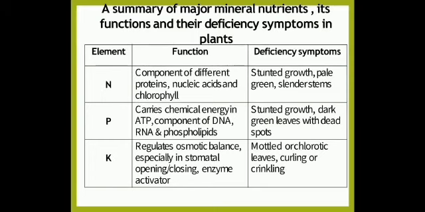Its deficiency results in stunted growth and dark green leaves with dead, or necrotic, spots. Potassium regulates the osmotic balance, especially in the opening and closing of stomata, and acts as an enzyme activator. Its deficiency results in mottled or chlorotic leaves, curling or crinkling.